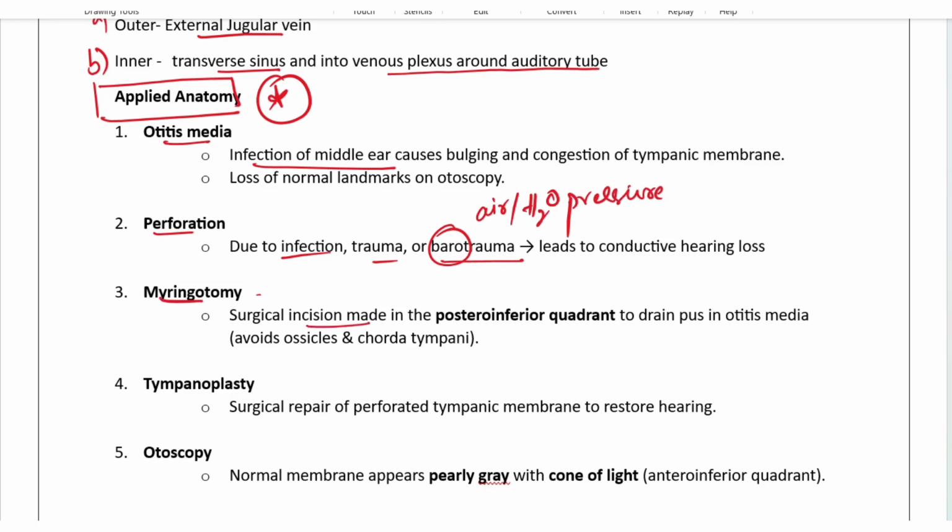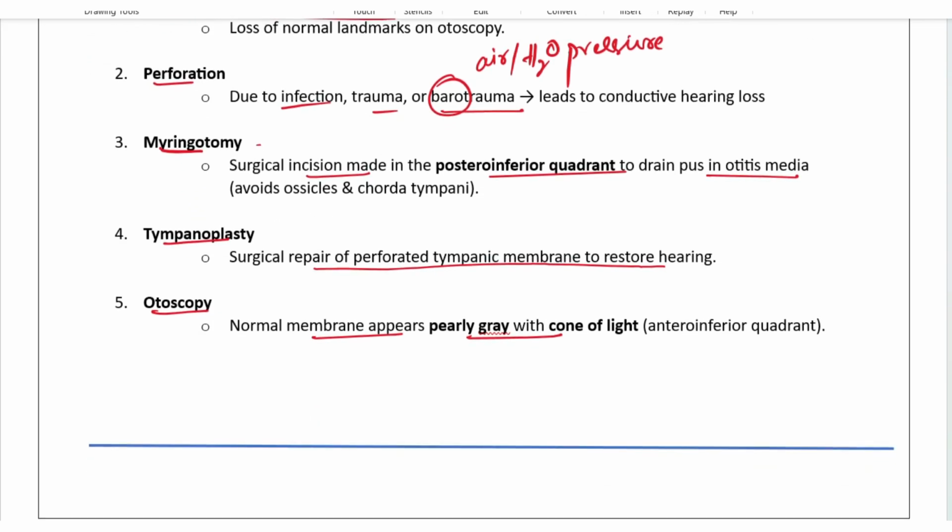Myringotomy is surgical incision made in the posterior inferior quadrant to drain the pus. Tympanoplasty is surgical repair of perforated tympanic membrane, and otoscopy is the normal membrane appearing pearly grey in cone of light. So this completes your another 5 marker.